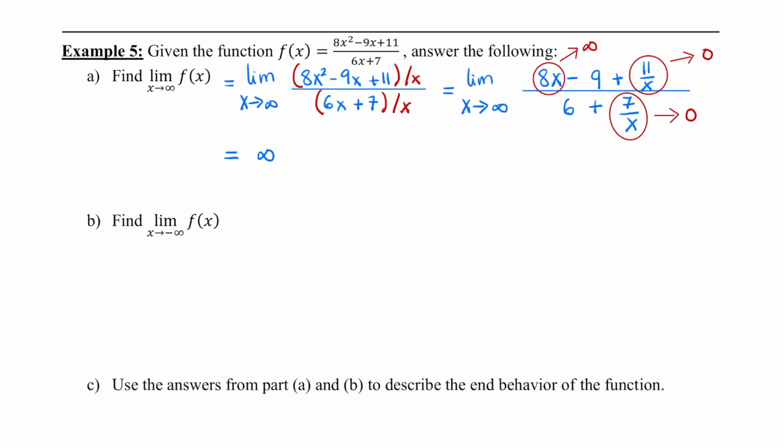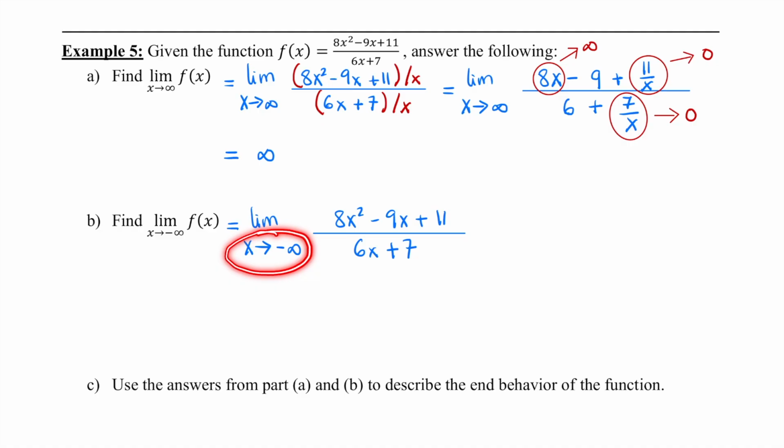Question B. We want to find the limit of f of x as x approaches negative infinity. So first, let's replace f of x with this fraction. As x approaches negative infinity, we'll have the combination of infinity over negative infinity. This is an indeterminate form, so we use the same simplifying expression.